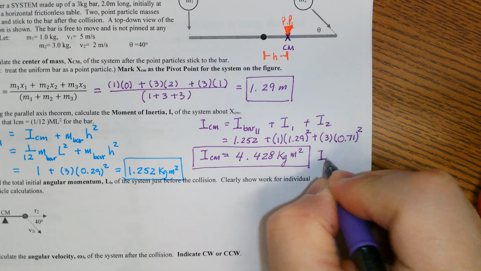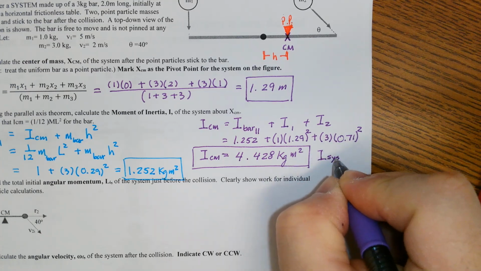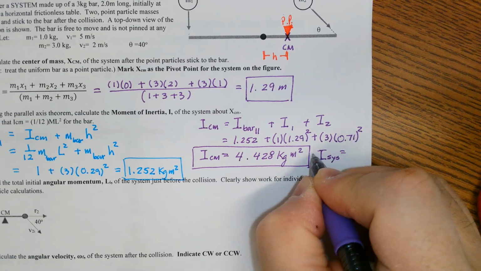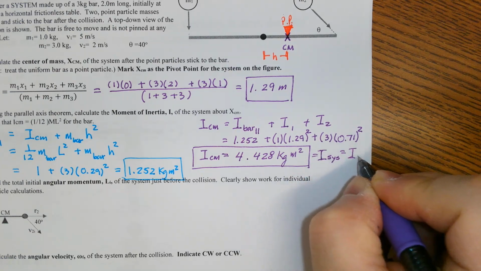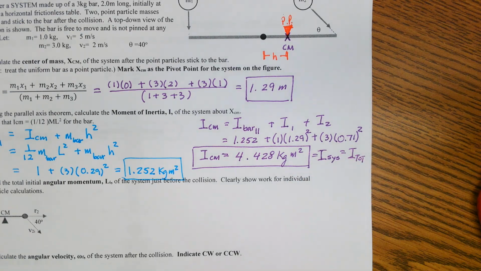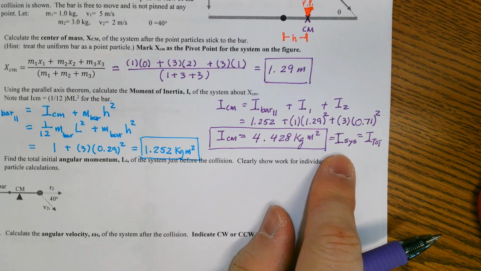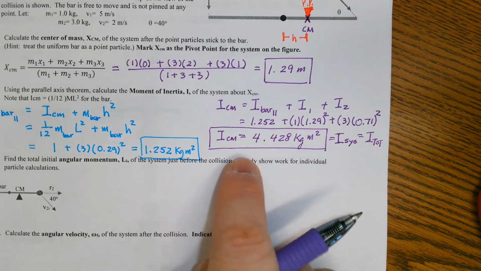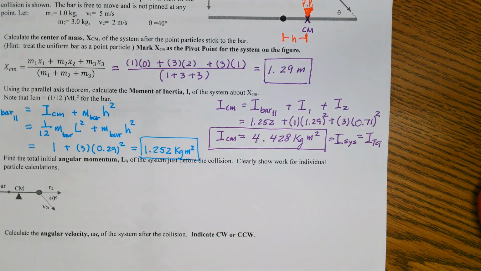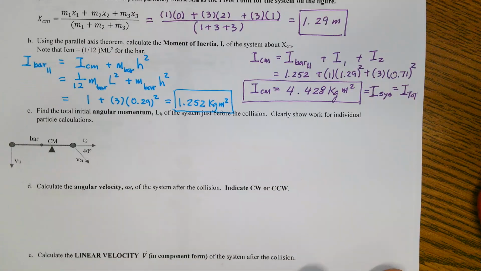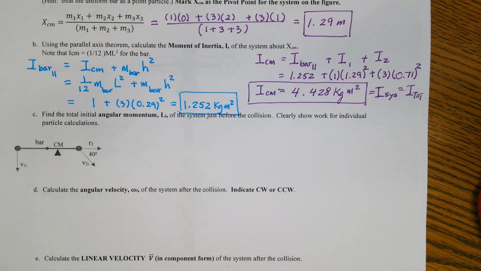This is I system, or you could simply say I total. So this is what we have to use for the whole system. I'll leave it up there for a while so you guys can catch up and write things down.